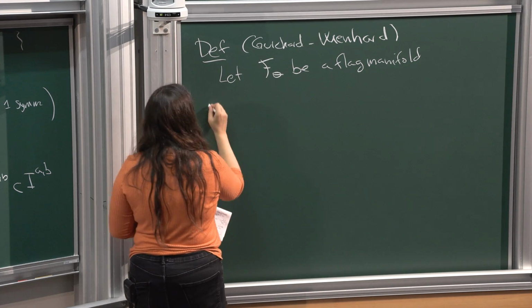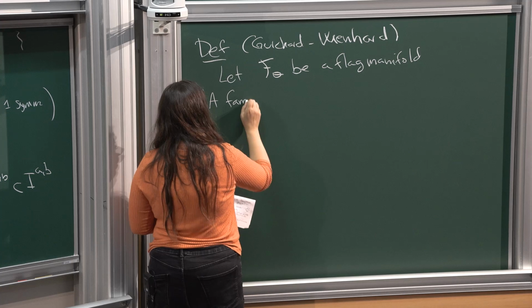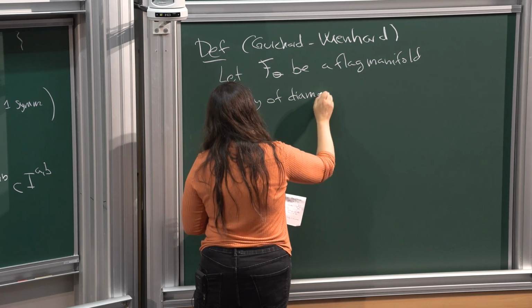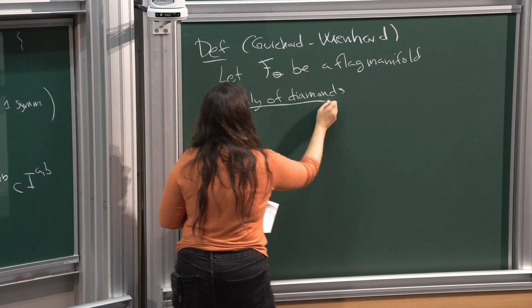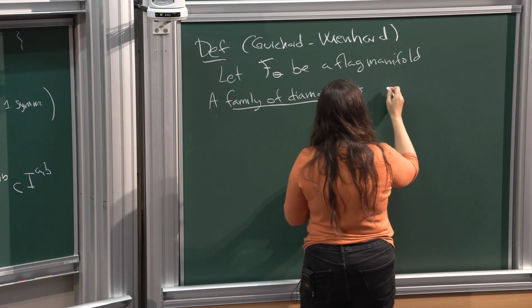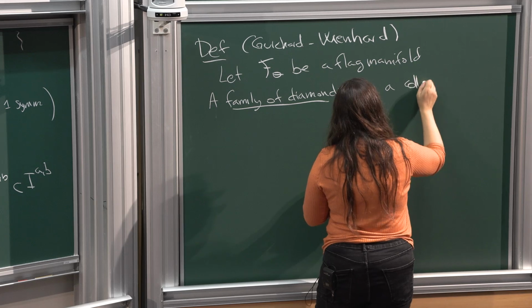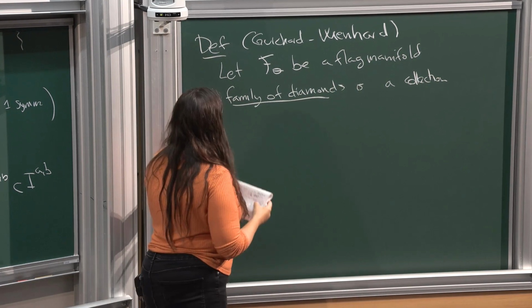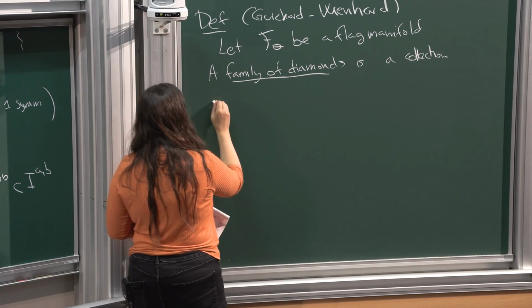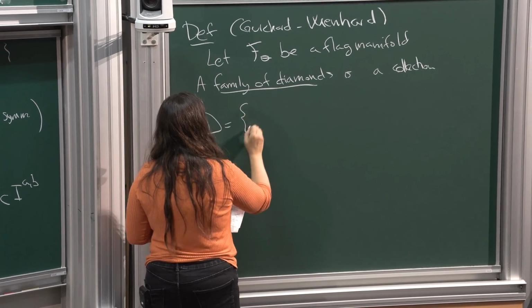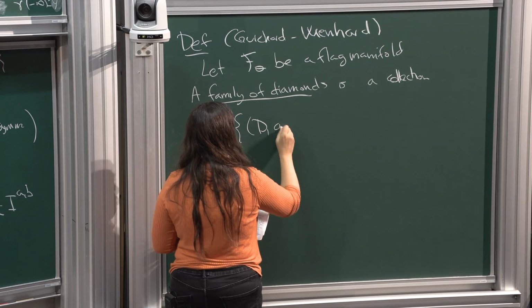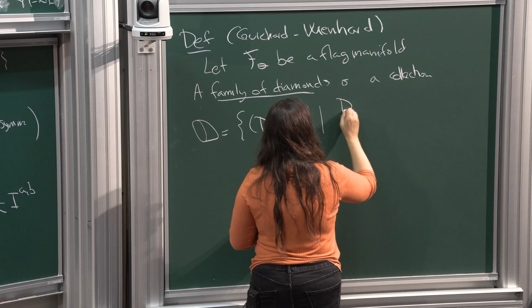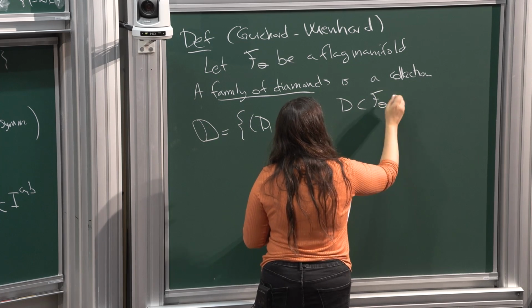A family of diamonds is a collection, let me call this D for diamonds, of triples (D, A, B), where D is a subset of F theta.